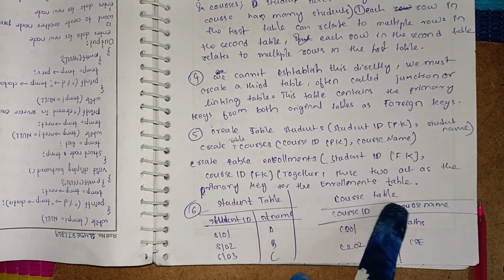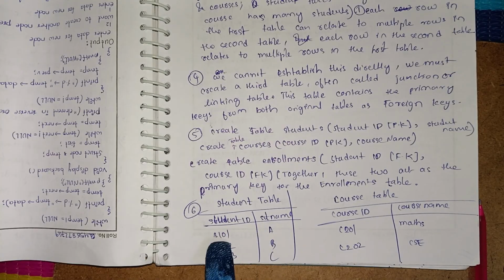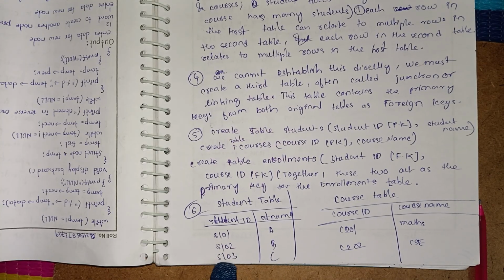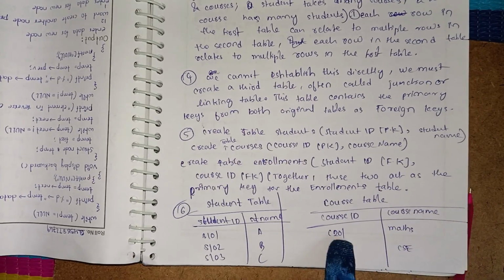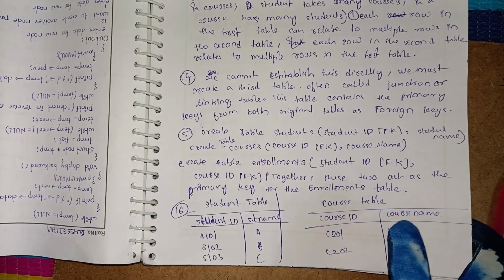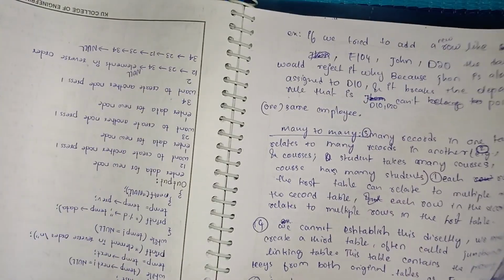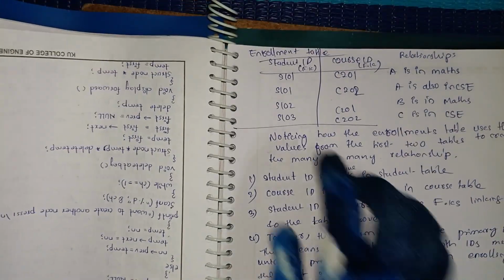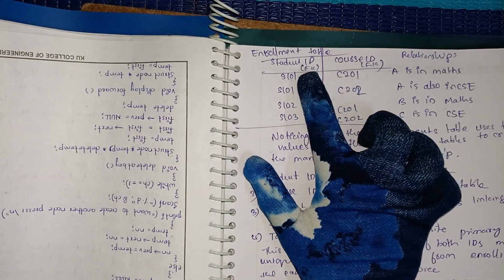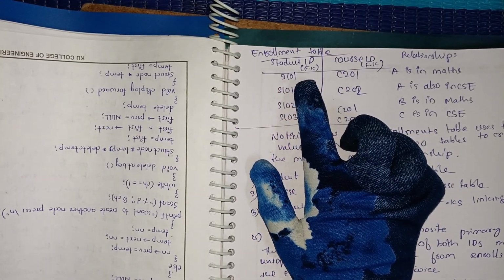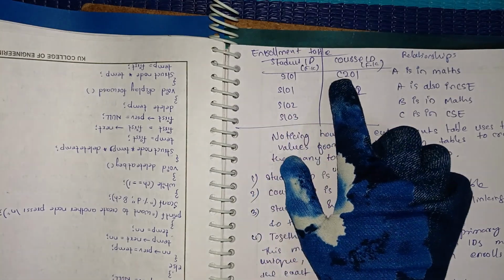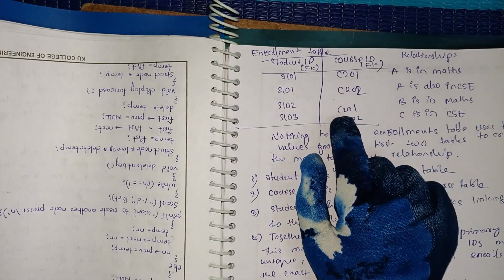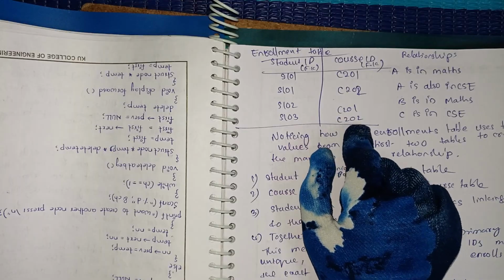This is the student table and course table. Student ID, student name: S101, S102, S103, A, B, C, and course ID C201, C202, Maths, CSC. The enrollment table will have student ID, course ID as foreign keys: S101, S101, S102, S103, C201, C202, C201, C202.